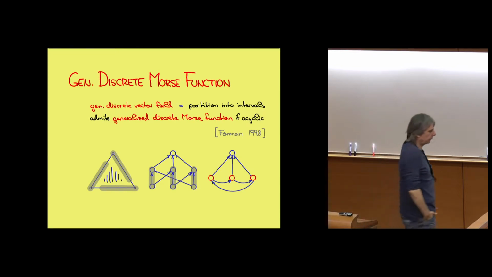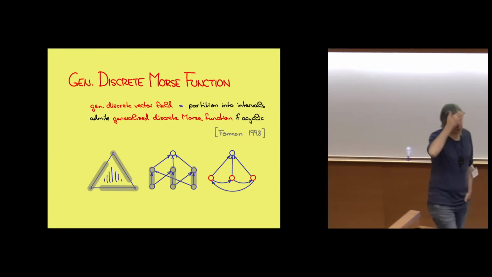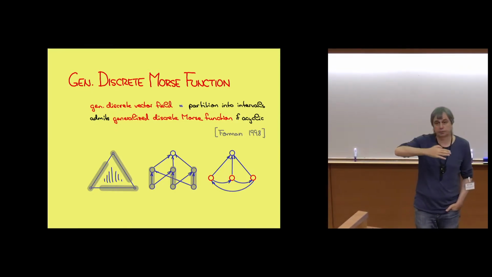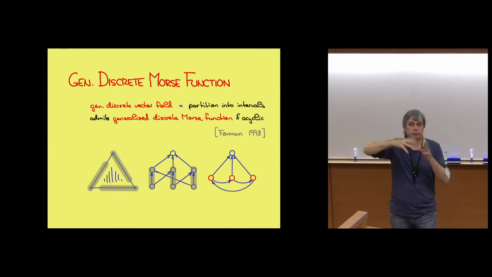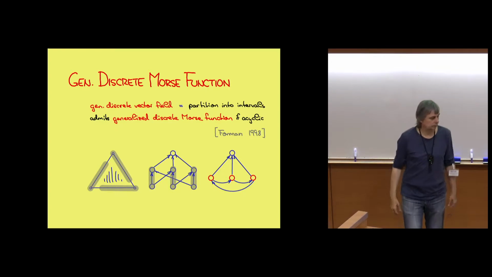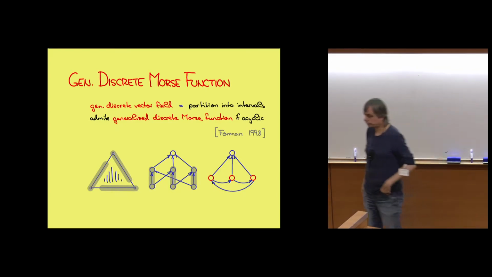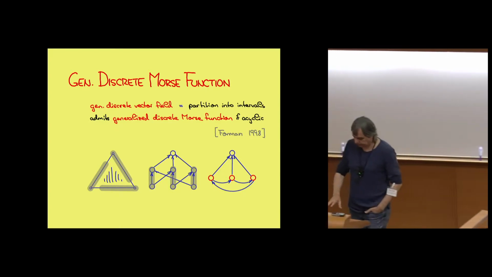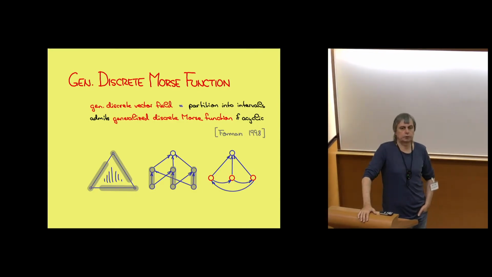Because if you are able to assign function values, it must be acyclic because you just increase the function value and then you get the intervals in sequence. So what I'm saying is the radius function of the Delaunay triangulation, which defines the alpha shapes, because every alpha shape is a sub-level set of this radius function, is a generalized discrete Morse function.